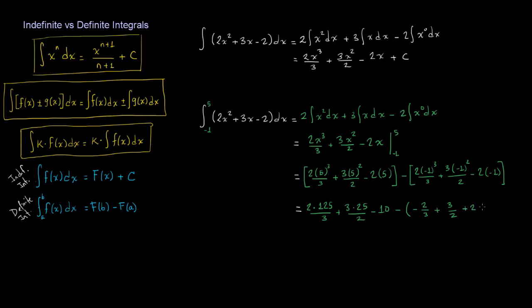Here will be positive 2. Now I'm going to take away the sign here. Here will be 250/3, plus 75/2, minus 10, and here will be plus 2/3 plus 3/2 plus 2.